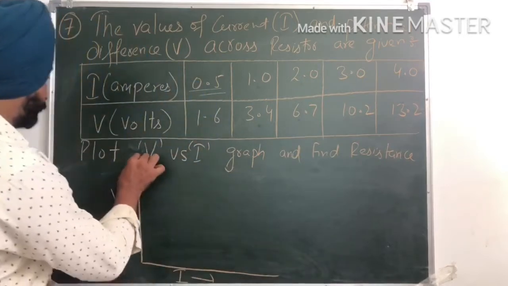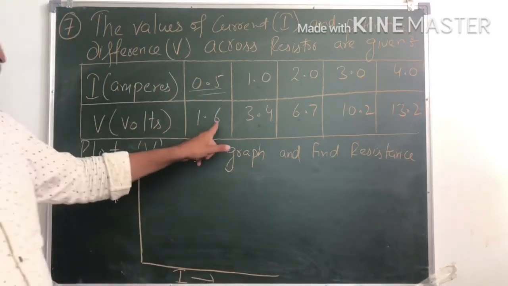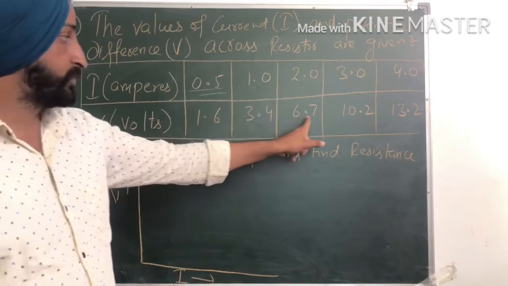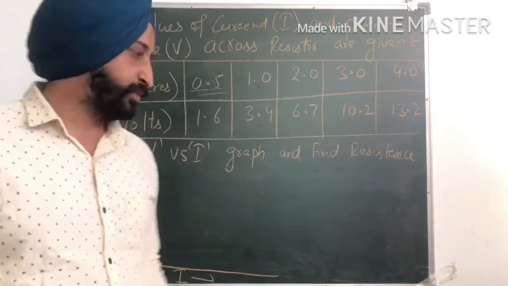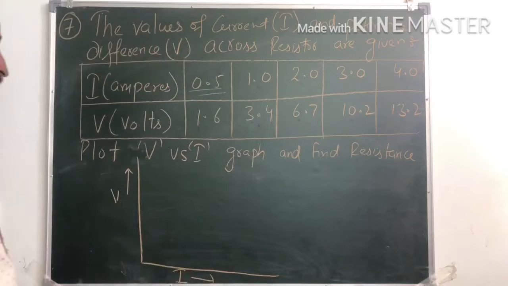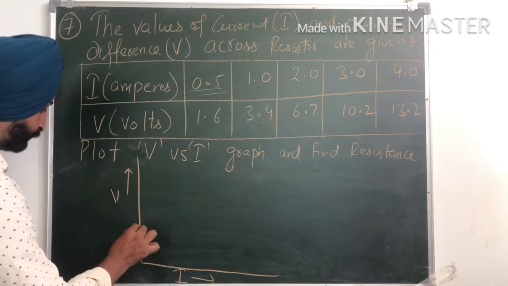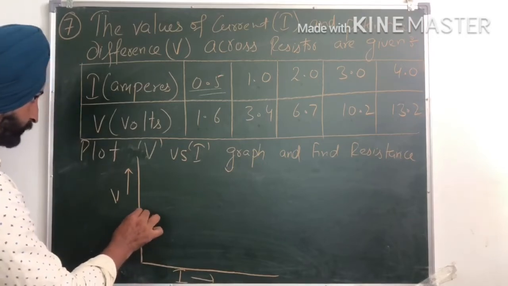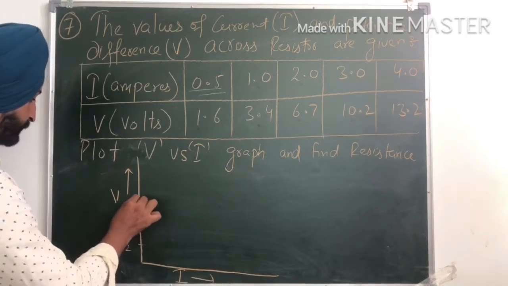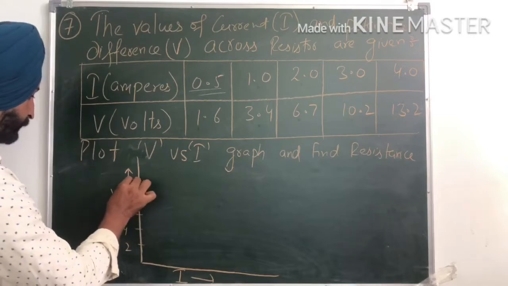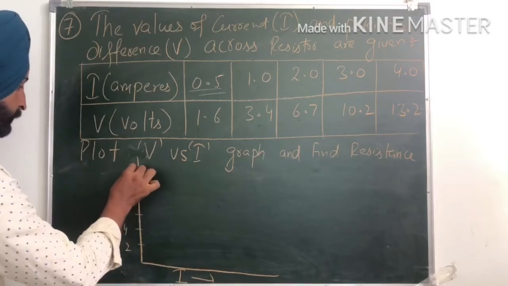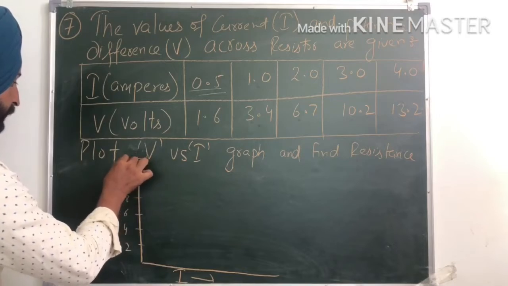Fine. So now, as we know, the potential is changing from 1.6, 3.4, 6.7, 10.2 up to 13.2. So I will be taking these values as 2, 4, 6, 8, 10, 12 and 14.